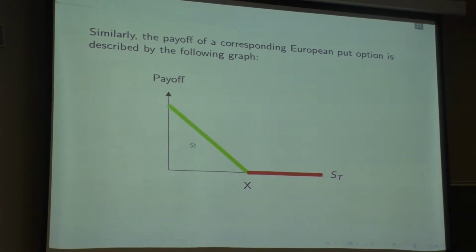And we're going to make a profit. We're going to get a positive payoff. If the market price at expiration of this underlying asset is more than x, well, we're not going to be able to make a profit because everyone is buying and selling for more than x, so us exercising our right to sell it for the smaller price, the lower price, is not going to make us a profit.